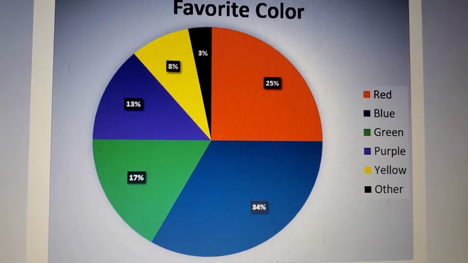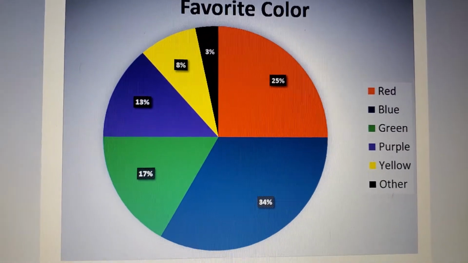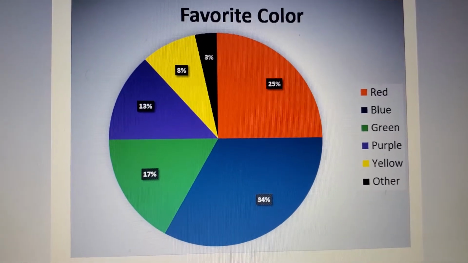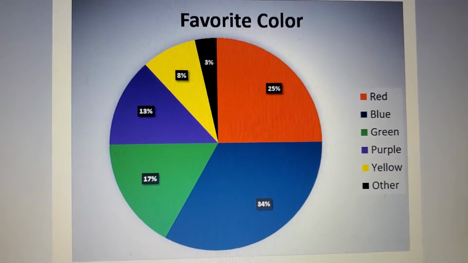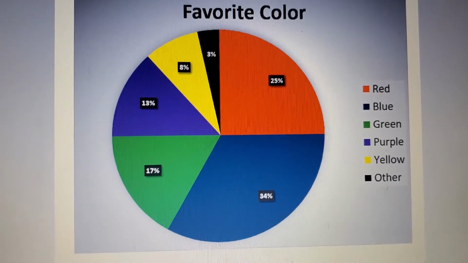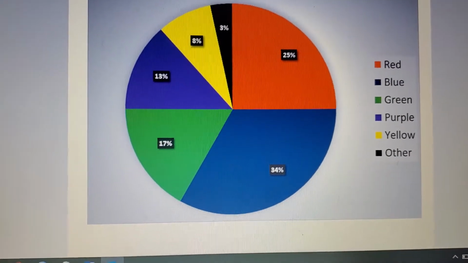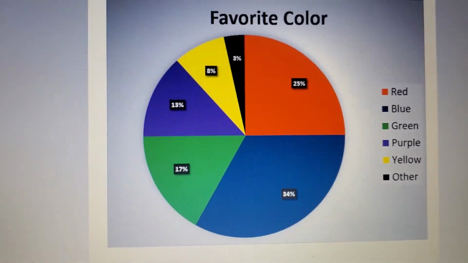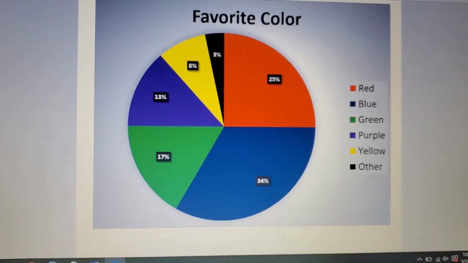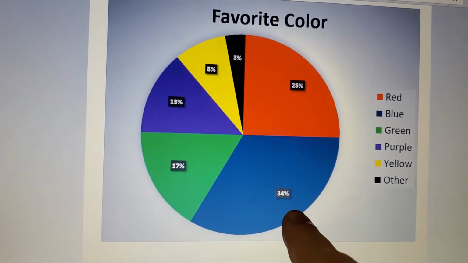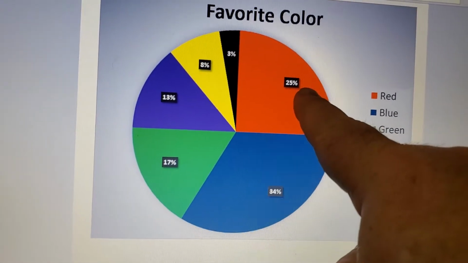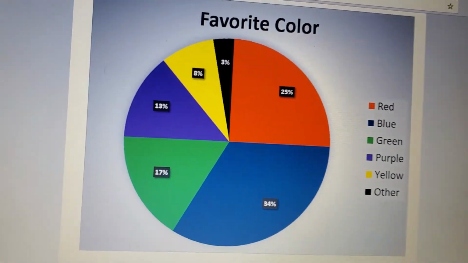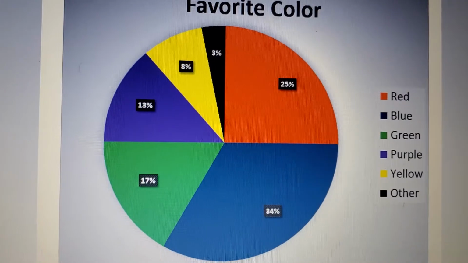Here, I can see that 25% of however many people were surveyed, a fourth, picked red. 34% picked blue. So I'm able to confirm blue is first choice, red is second, green is third, and then it keeps on going down this order by taking a look at the percent.